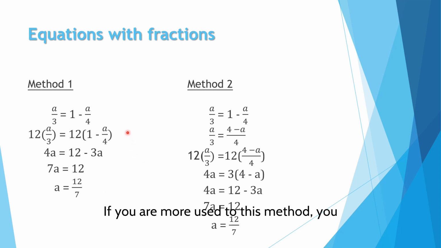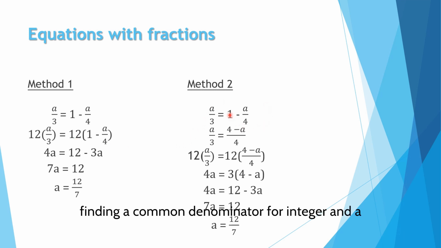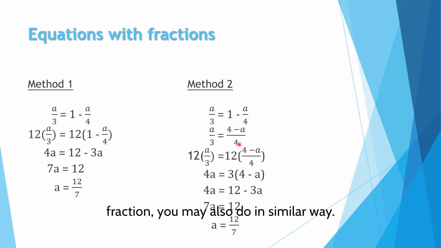If you are more used to this method, you can just simply multiply both sides by an LCM. Or if you are more used to first finding a common denominator for an integer and a fraction, you may also do it in a similar way.